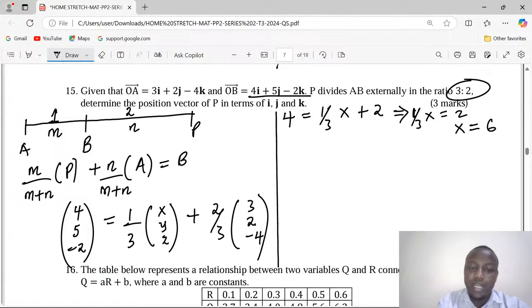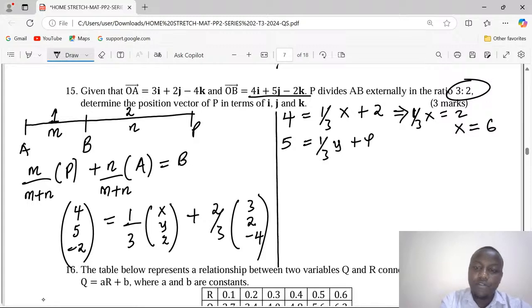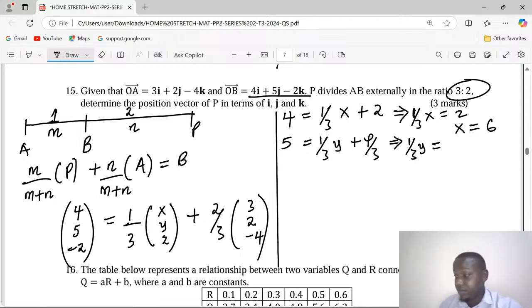And for the y components, we have 5 equals a third y plus 4/3. So a third y equals 5 minus 1 and a third, which gives us 3 and 2/3. So the value of y has to become 11.